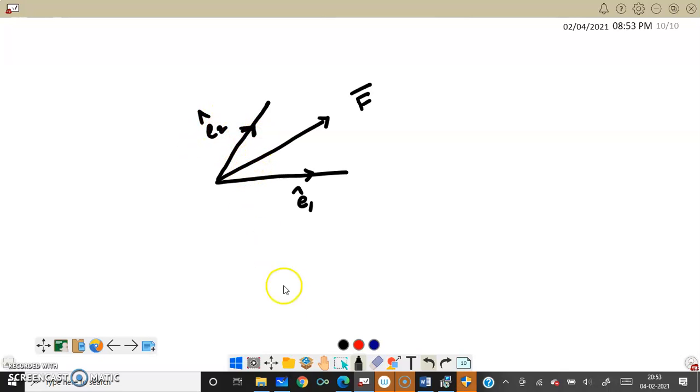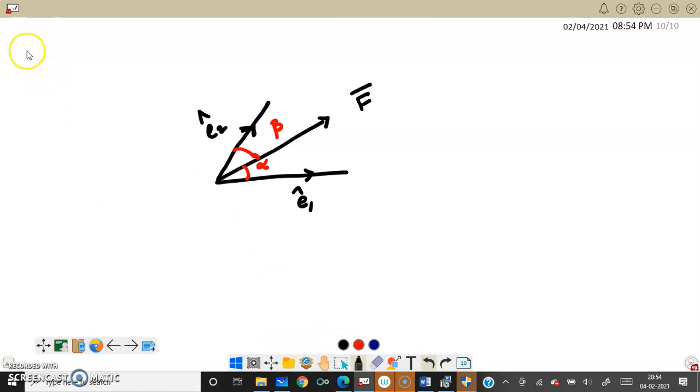Suppose E1 makes an angle alpha with F, and E2 makes an angle beta with F, right? And this F can be written, we know that.